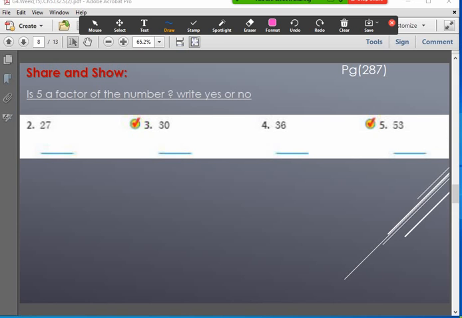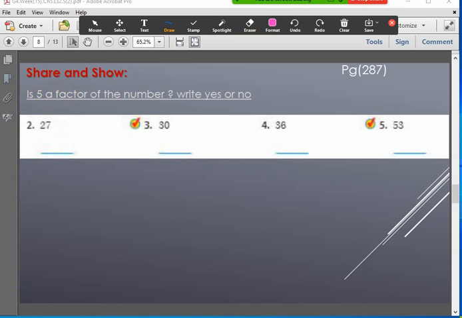Now we will see 27. Is 27 divisible by 5? If this number is divisible by 5, that means 5 is a factor of this number. Okay, girls? This is the way. The rule told me that if I want to know whether a number is divisible by 5, the ones digit must be 0 or 5.